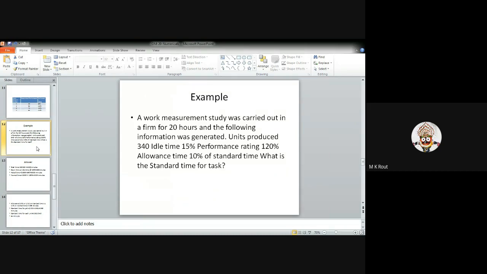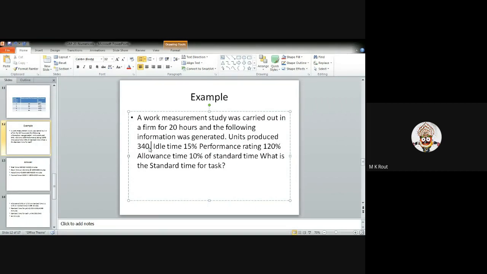A work measurement study was carried out in a farm for 20 hours and the following information was generated. The units produced is 340. The idle time is given 15%. Performance rating is given 120%.